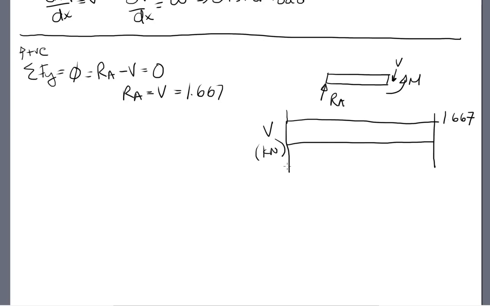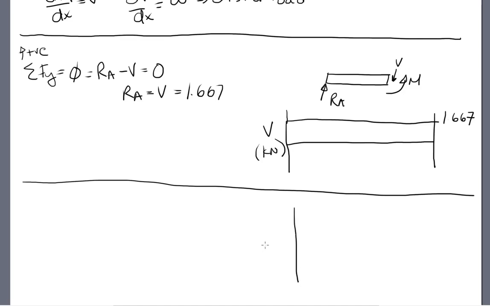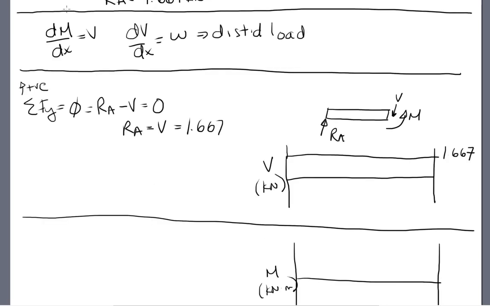Let's look now at our bending moment diagram. We're going to draw our diagram here. This is going to be M in kilonewton meters. By this relationship, we know the slope is constant all the way across.